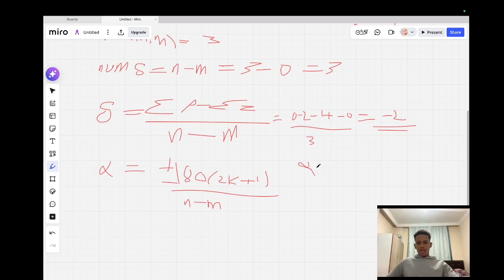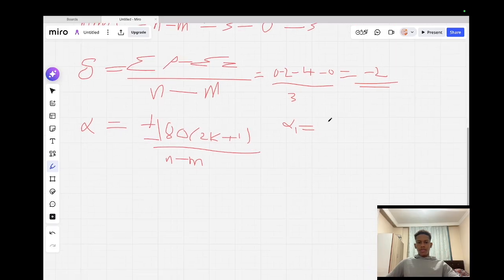Alpha 1, here k firstly equals 0, equals 60 degrees.